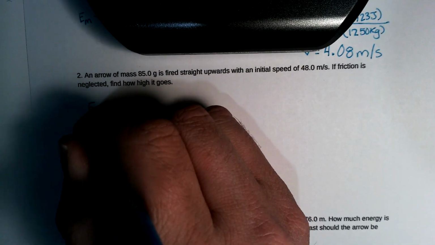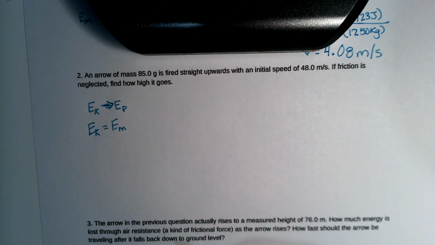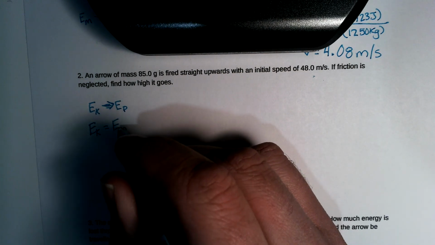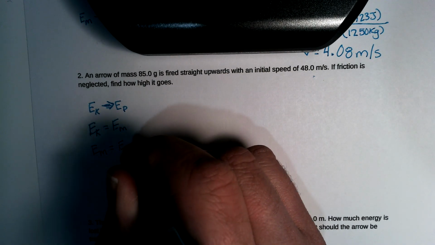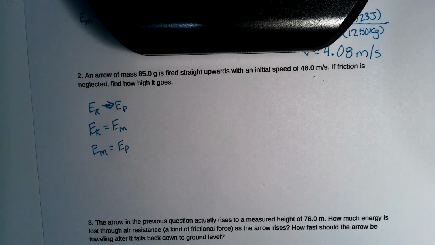Initially our EK is equal to our total mechanical energy because it has no potential. It's just moving, but it hasn't started moving up yet. Then our mechanical energy will turn into our potential energy at the top, and that's how we know how high it goes. So we're going to equate the kinetic energy at the start to the gravitational energy at the highest point.